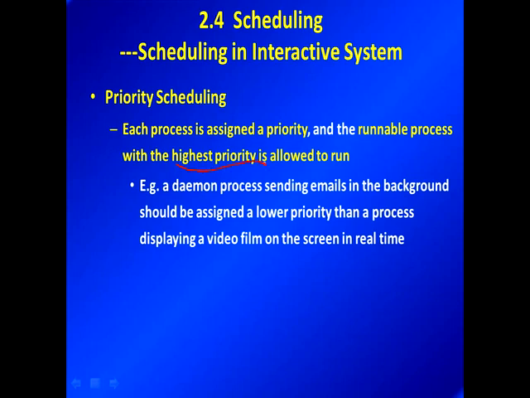So this is very simple too, right? Just like SJF, where you select the shortest job, here you select the process with the highest priority. So you can see how to set the priority is very important. Which process can get higher priority, and nobody wants to get lower priority, right?